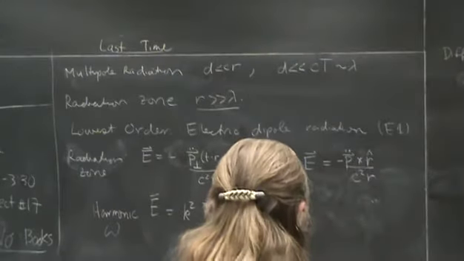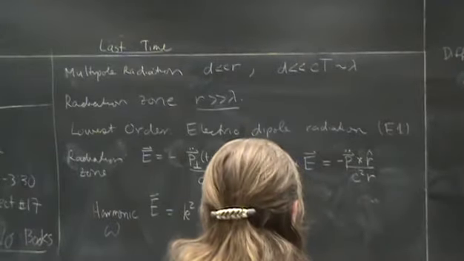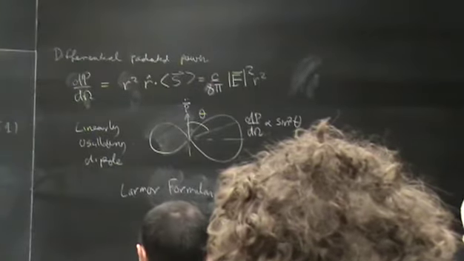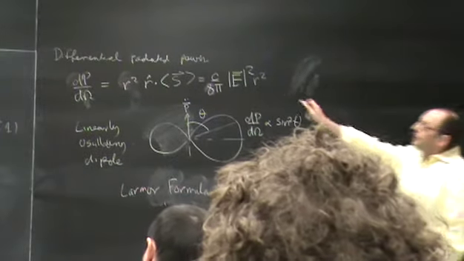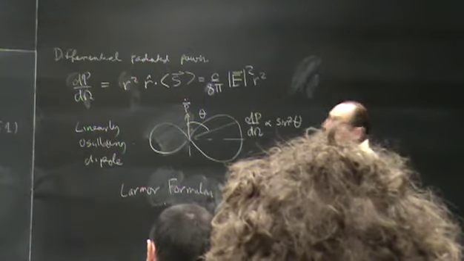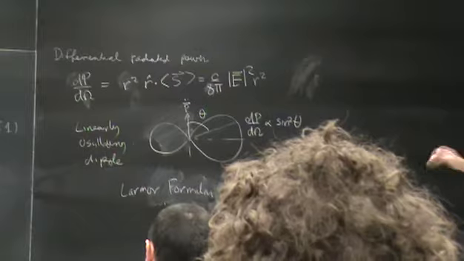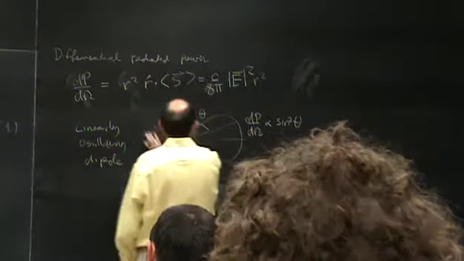And from that we discussed the notion of the differential power radiated into a particular solid angle, and that defined for us the so-called radiation pattern. Okay, and so for the example of a linear, this should be symmetric, it doesn't look that way at all.